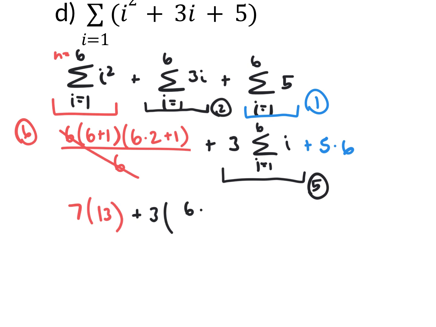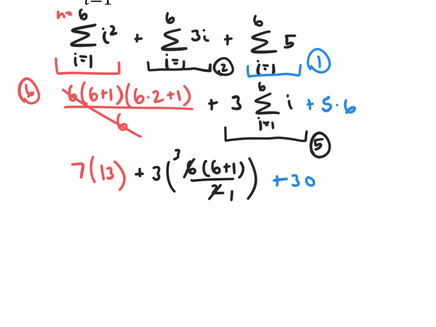So 6 times 6 plus 1, all divided by 2. And then we can add 30 to that. And if I simplify all of this stuff and plug it in my calculator, you should get 184. Okay? Questions on this one?